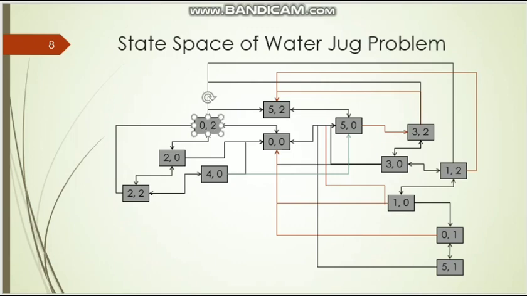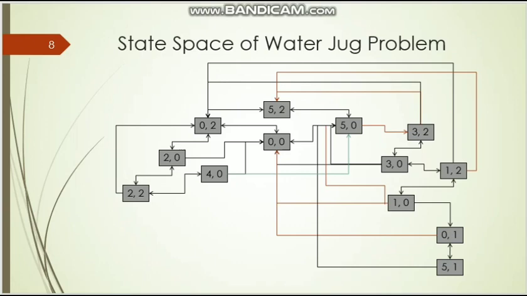And from this particular node where X equals 0, that means the X jar is empty but the Y jar is full. Here we can fill the X jar. If we pour full water into the X jar, then it would be 5,2.